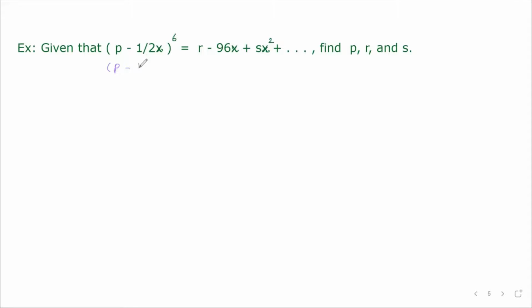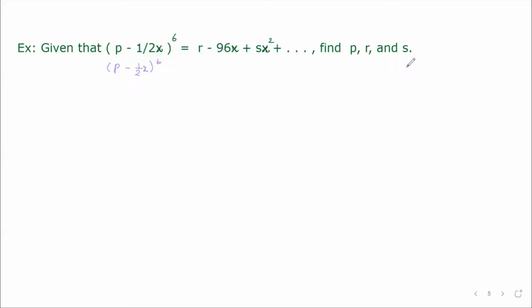So (minus 1 over 2, minus 1 over 2x) and the whole thing power 6, equal to r minus 96x plus sx power 2 plus more terms. Because this power 6 should have 7 terms, but now they only list 3 terms. They say, given this equal to this, find the value of p, r, and s.